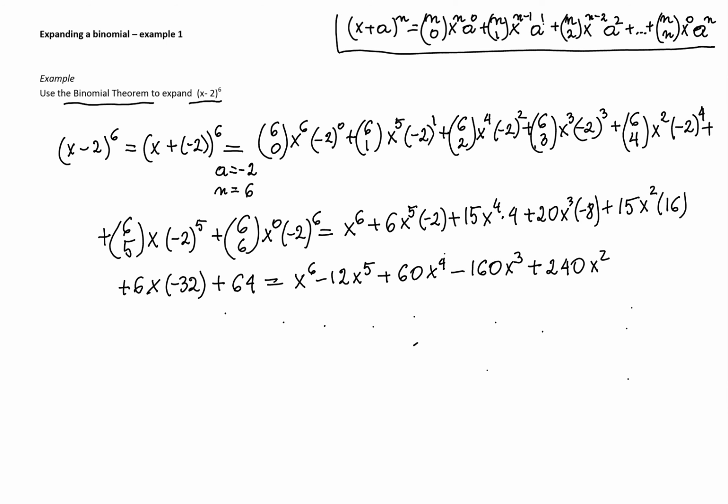Then 6 times negative 32 is negative 192, x, and plus 64. So x minus 2 to the power 6 when expanded gives us this whole polynomial.